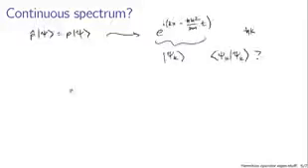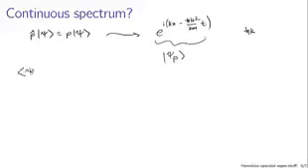Well, if I have two different values of k, let me express this in terms of momentum instead. So I'll write this as psi sub p. If you consider, say, psi p1 inner product with psi p2, what does the orthogonality actually look like? Orthogonality or normalization?